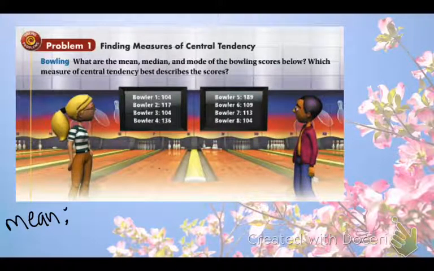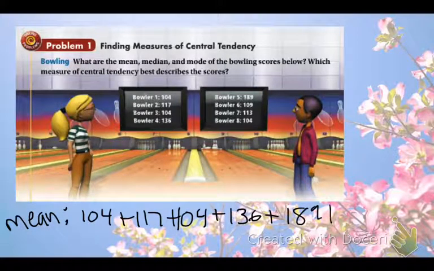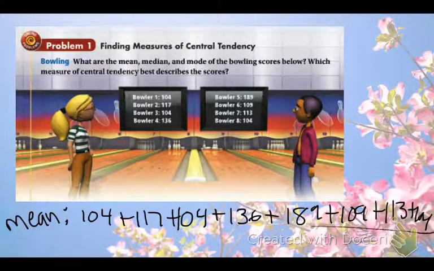We've got 8 bowlers here, so we have to add the numbers and divide by how many numbers we have. So 104 plus 117 plus 104 plus 136 plus 189 plus 109 plus 113 plus 104, and take all of that divided by 8.